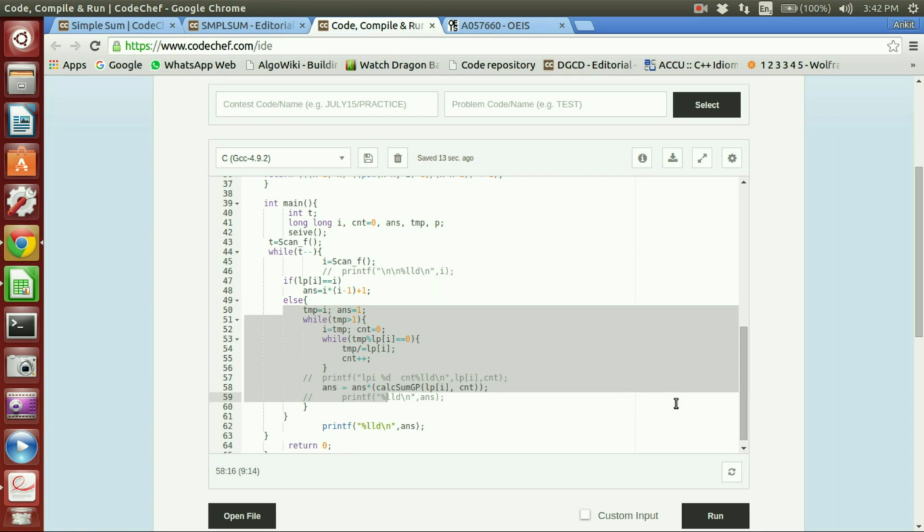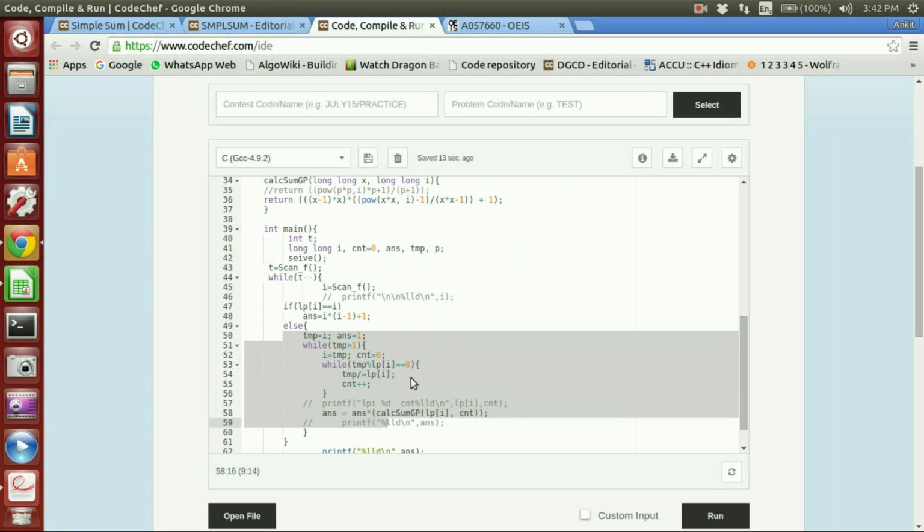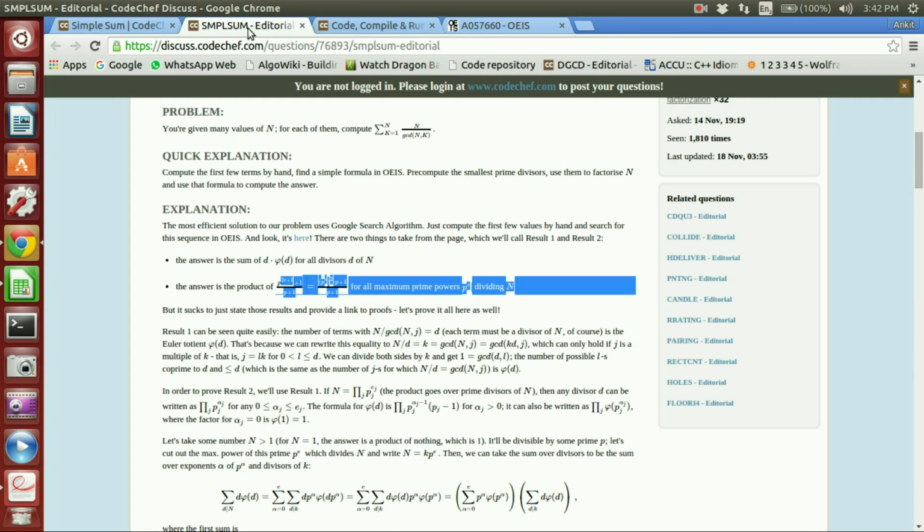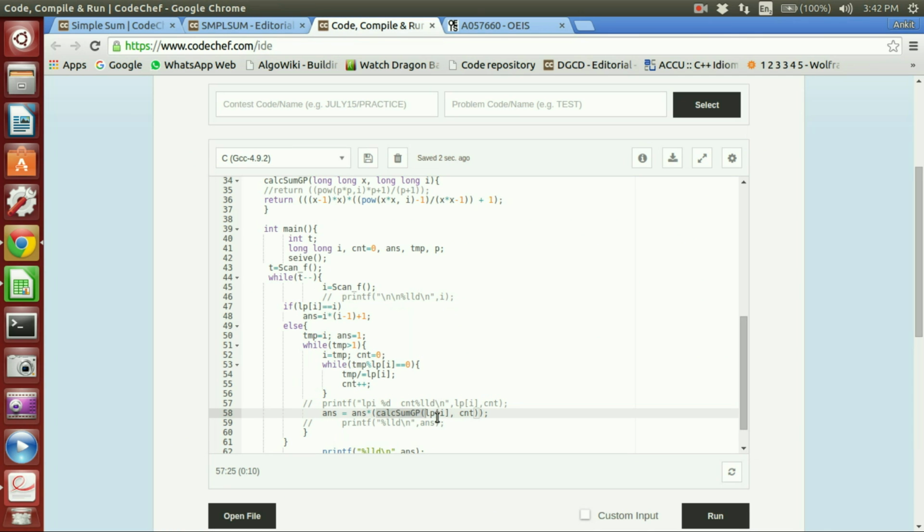So for calculating using that formula that is given to us, we are using this function, where LPI is the value of p and count is e.